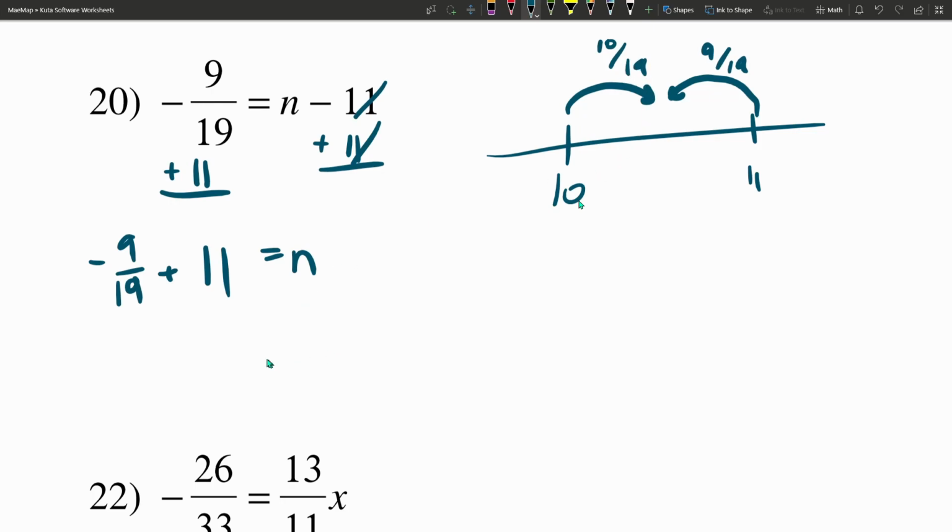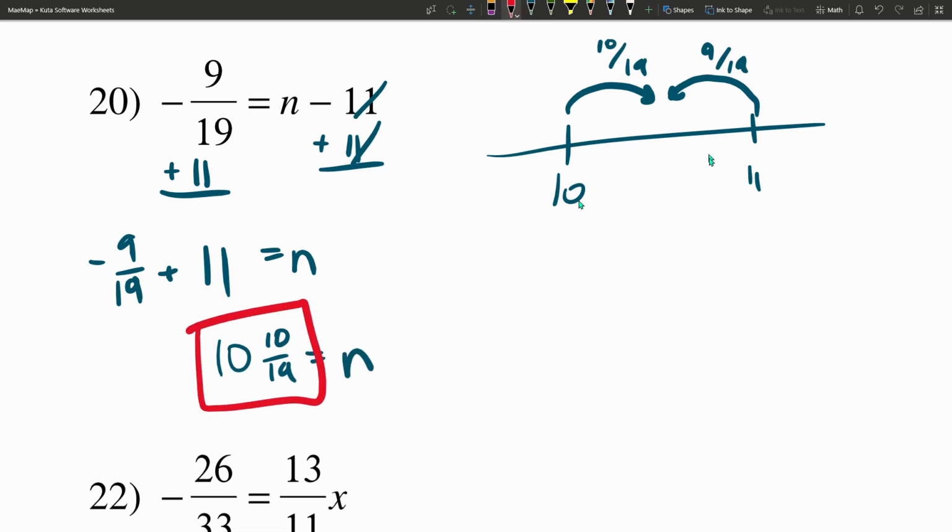So we'll be at 10 and 10 19ths. And that's equal to n for number 20. And how I did that in my head, I knew that we had 9 19ths we were taking away. So if this distance between 10 and 11 is 1, and I have 9 19ths already accounted for, this has to be 10 19ths. So 10 and 10 19ths.